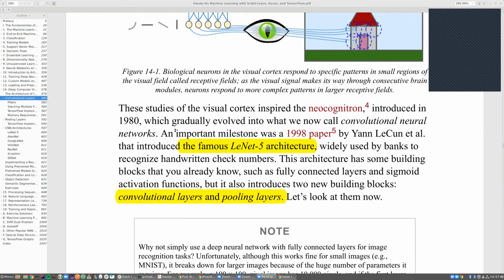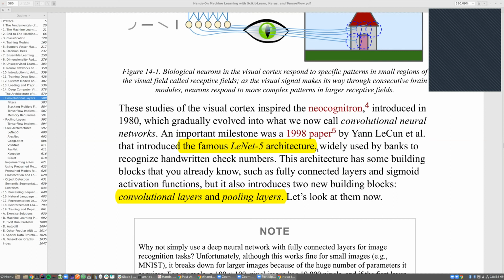One of the most famous papers in this area is the paper by Yann LeCun, and he introduced this architecture called LeNet-5. And MNIST, which you've probably all heard of, is this image data set for recognizing numbers. He's the guy who created that data set, and it's from his website.